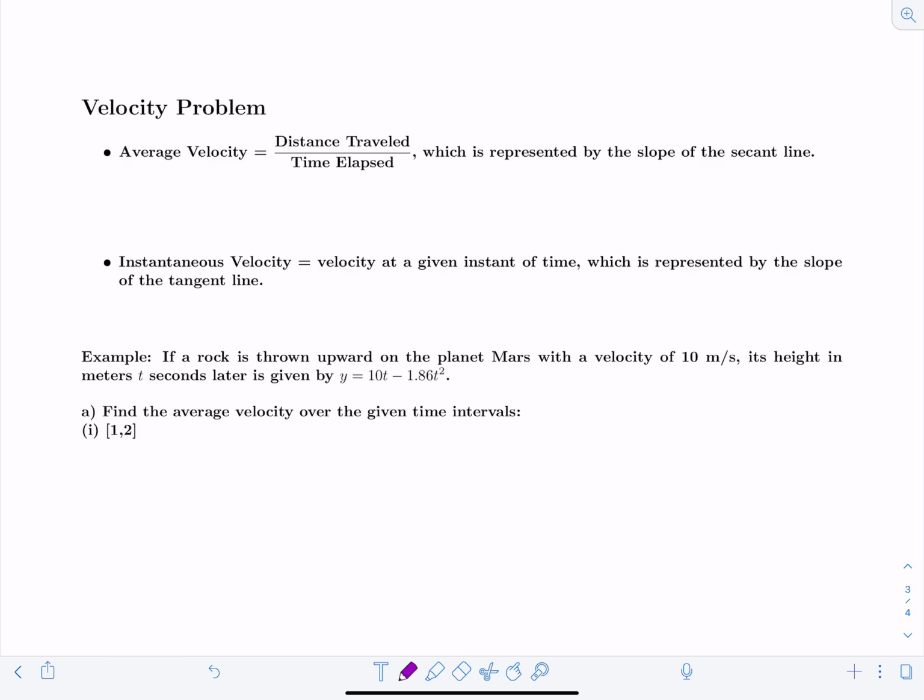And this is represented by the slope of the secant line. The instantaneous velocity is the velocity at a given instant in time, which is represented by the slope of the tangent line. So here's the main thing to keep in mind. Average velocity is related to the slope of the secant line because it involves time elapsed over an interval.